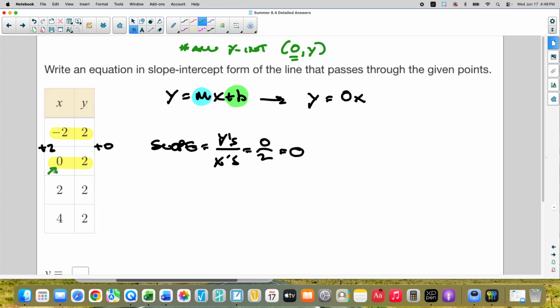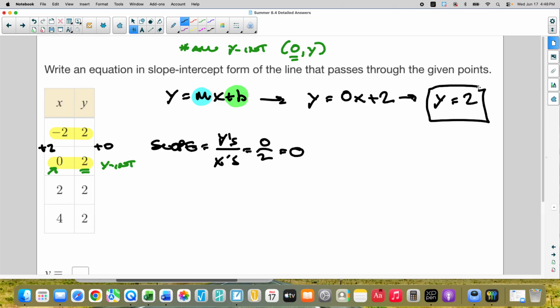So notice that this is actually my y-intercept because my x is 0, so this represents my y-intercept, which is 2. So I do 2. Now, we would never leave this in this form. We can write it to step through, but this is not simplified. So if we simplify, 0x is just 0. 0 plus 2 is 2.